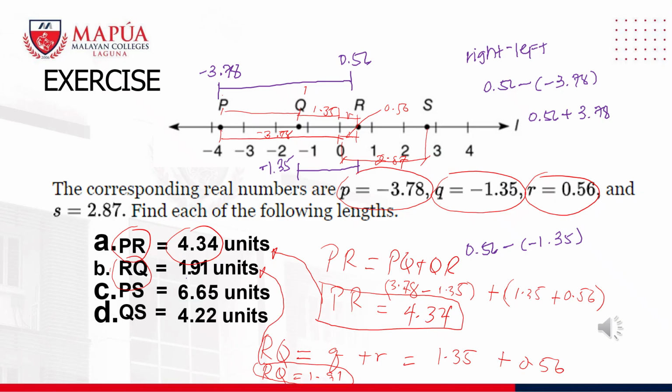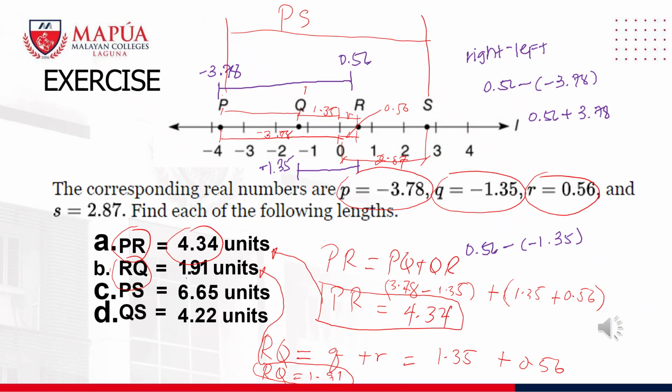You just do the same, class, for PS and QS. What is PS? The distance from this one. This is our PS, and so 6.65 units.